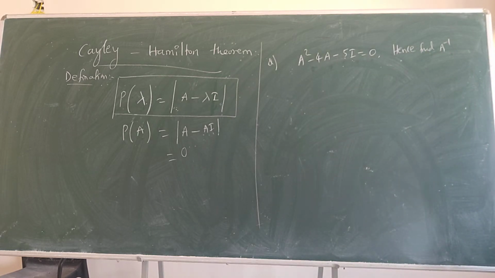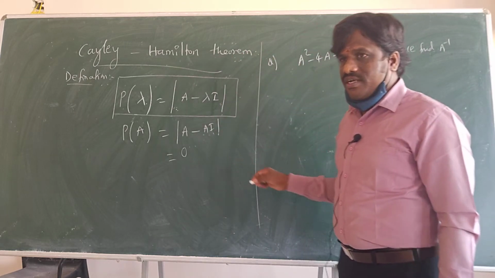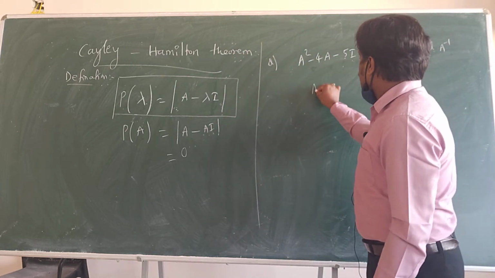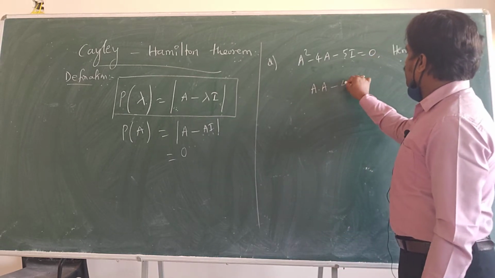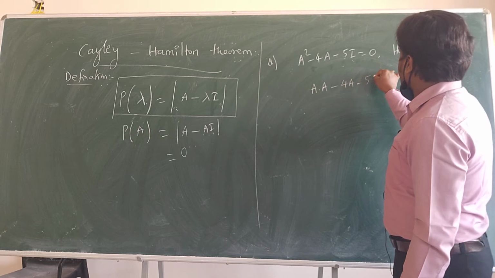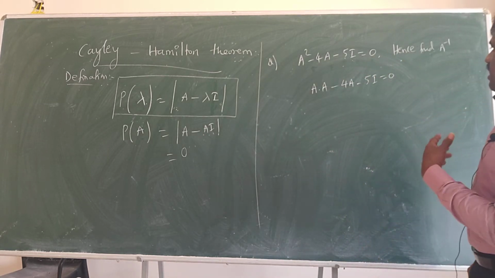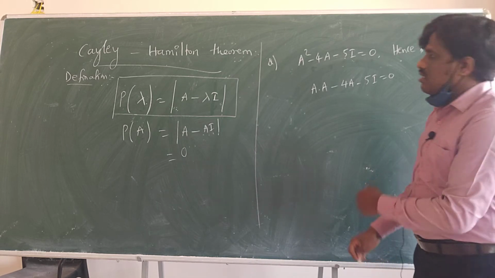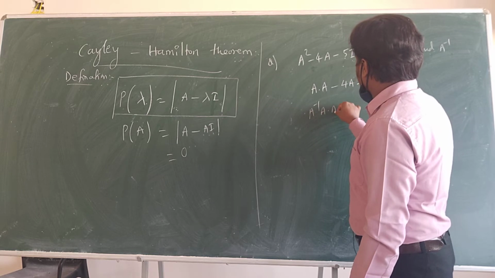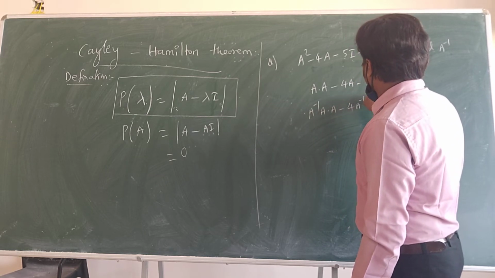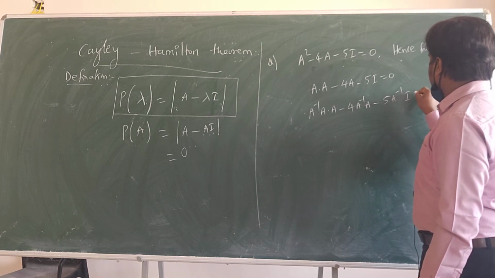How to find it? I can also find it directly, without using the Cayley-Hamilton theorem. A square I can write as A into A, so A into A minus 4A minus 5I is equal to 0. Multiply with A inverse on both sides.